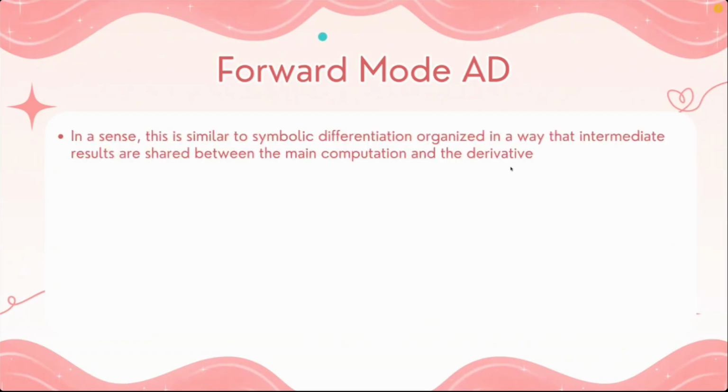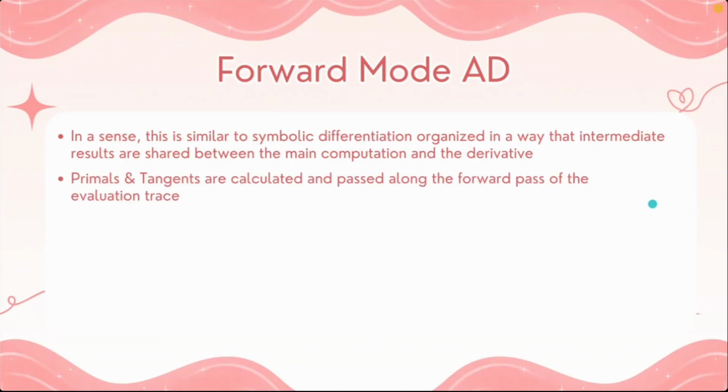In a sense, forward differentiation is very similar to symbolic differentiation. It's just organized in a way that intermediate results are shared between the main computation and the derivative. And how we implement this is with a combination of primals and tangents.